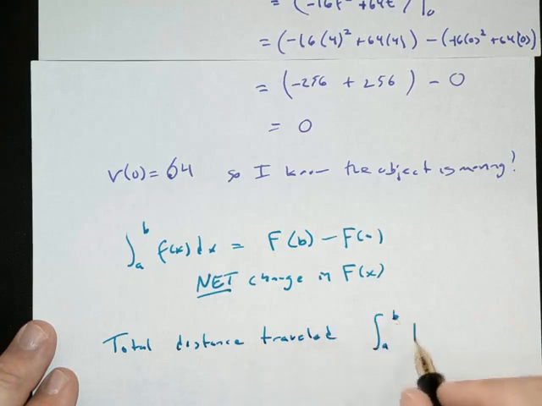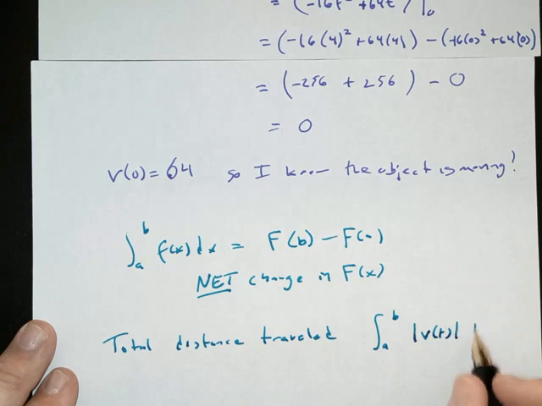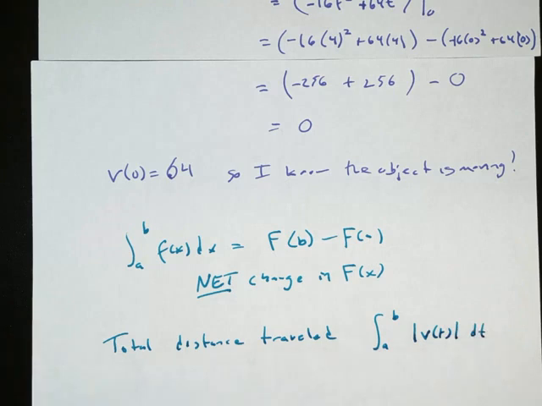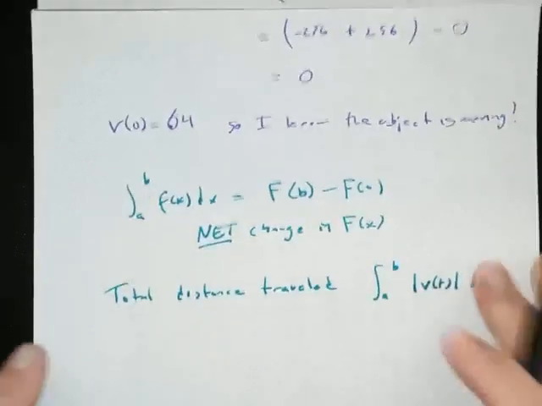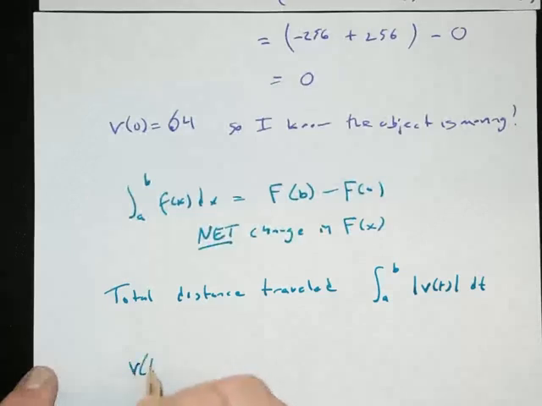Then I need to do the absolute value of my velocity, because that's backwards and the distance I travel forwards. I'm not going to have any area under the x-axis. This is negative. I need to count those distances as positive things. But now I know where this function changes sign, where velocity is positive and negative, and look at v of t.